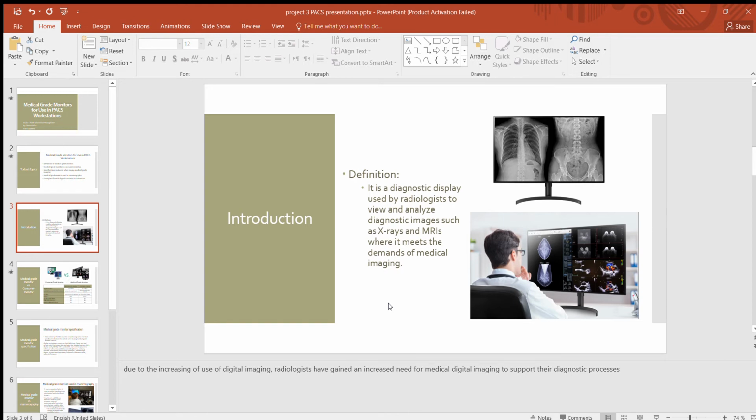Actually, due to the increased use of digital imaging, radiologists have gained an increased need for medical digital imaging to support their diagnostic process. The better the screen, the better the result and the inspection and diagnosis of the needed scans.